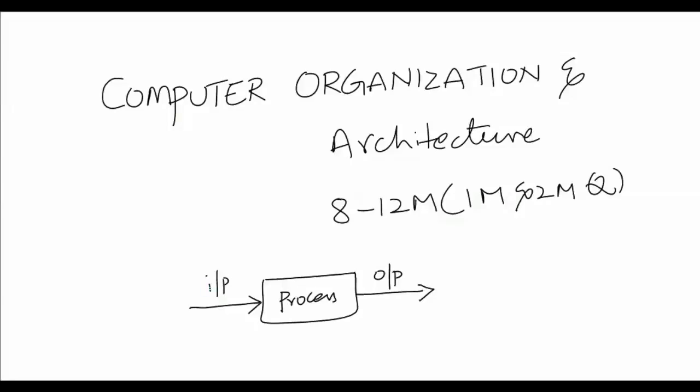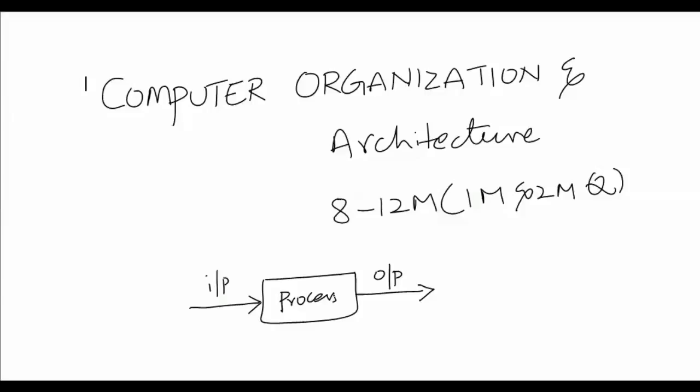But this was the definition when the computer was invented. But nowadays, only input devices, output devices, and processor are not sufficient for a computer operation. One more device is needed for us, that is what?